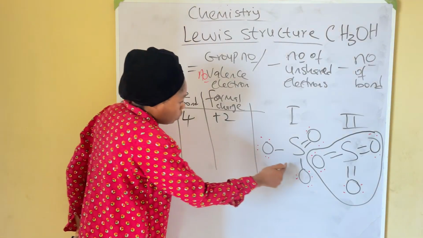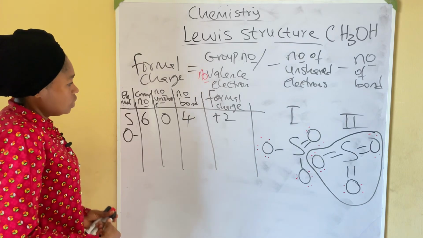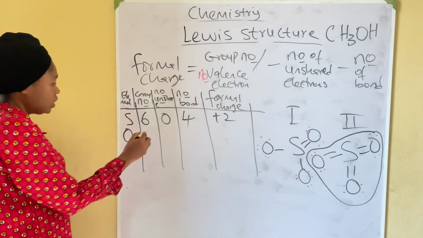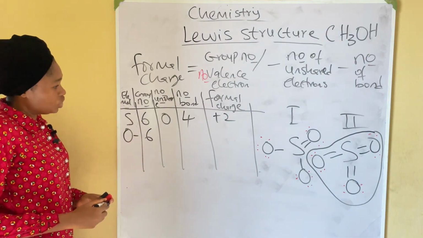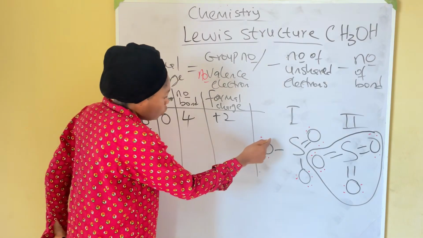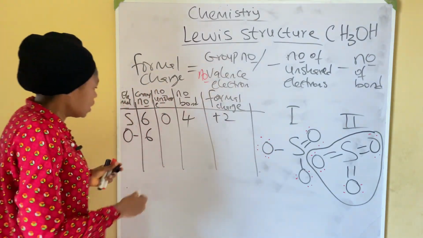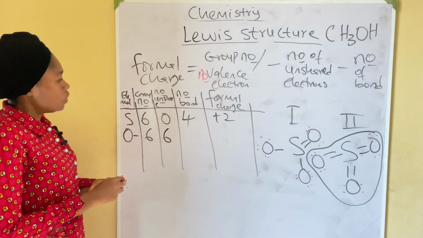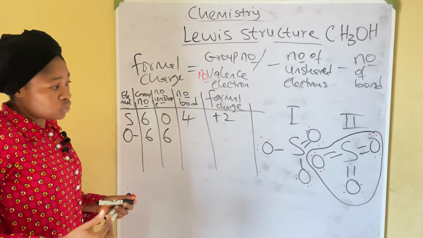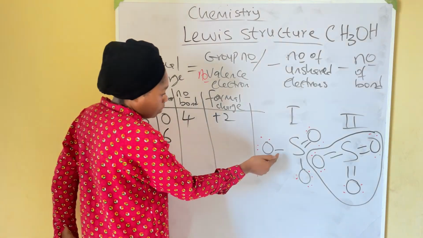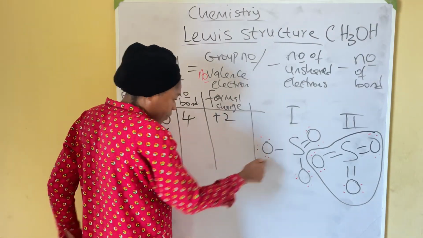So look at the oxygen with the single bond. What's the group number for oxygen? 6. Number of unshared electrons: 1, 2, 3, 4, 5, 6. It has 6. Number of bonds. How many bonds does this particular oxygen have? Just 1.